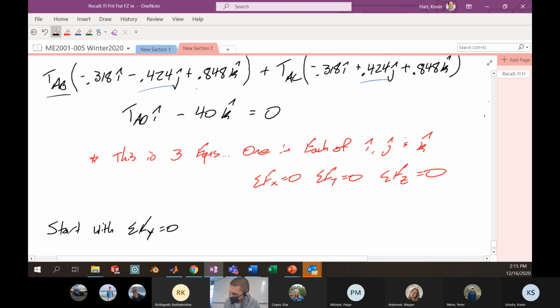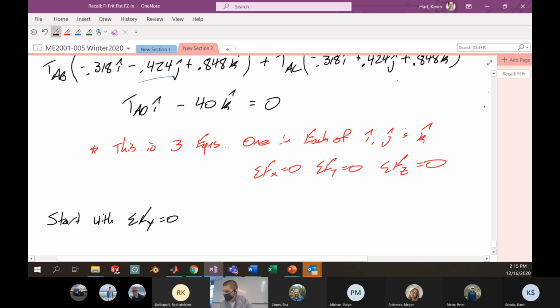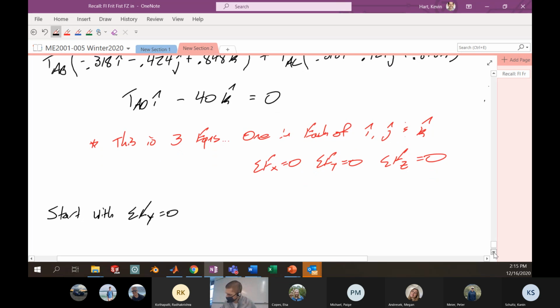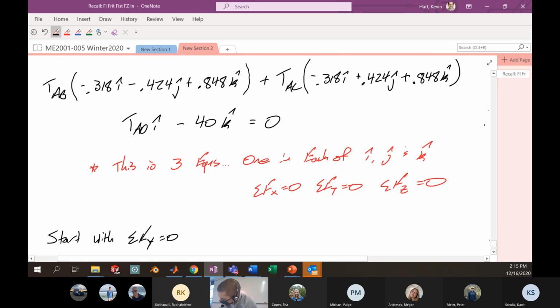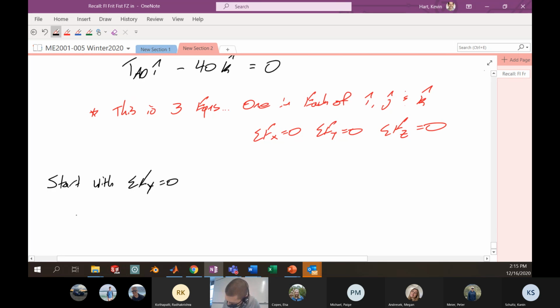And so we'll have something like TAB times negative 0.424 and TAC times positive 0.424. And we'll get a relationship between TAC and TAB. So here, negative 0.424 TAB plus the second component, 0.424 TAC. And those are my only two components in the y direction here.